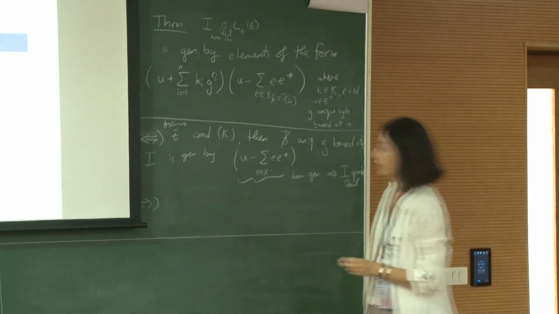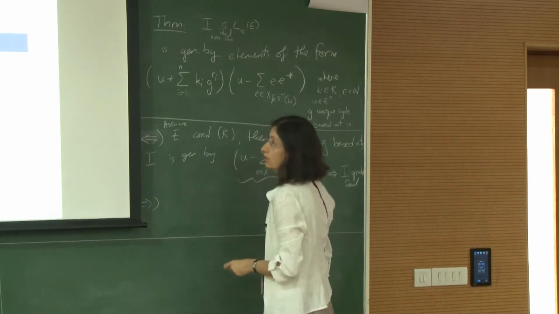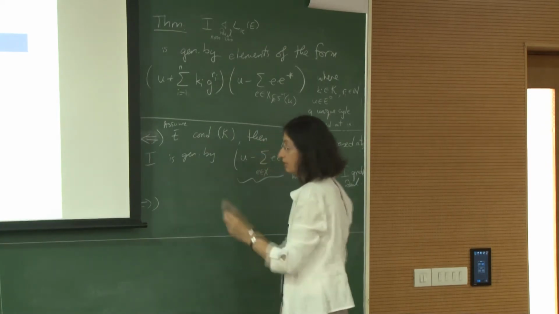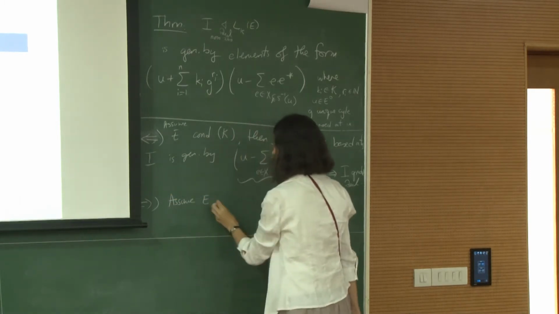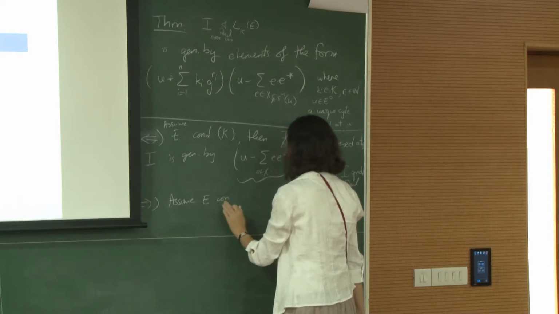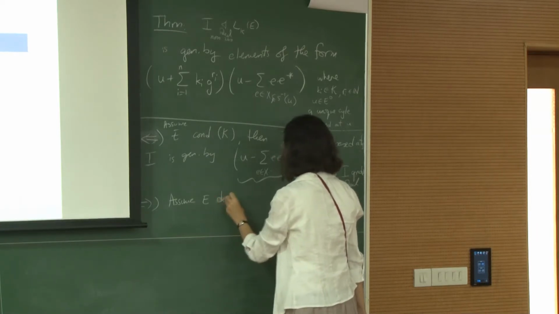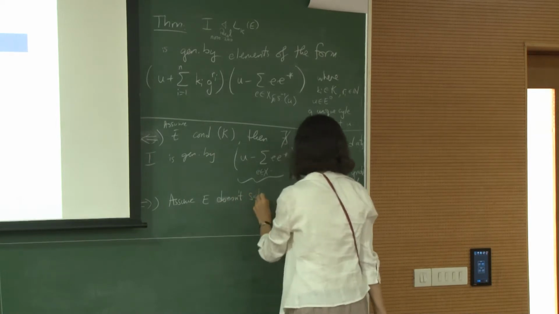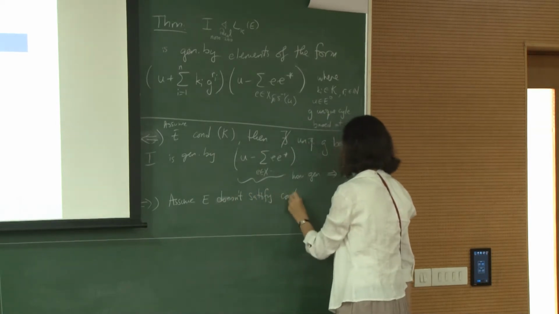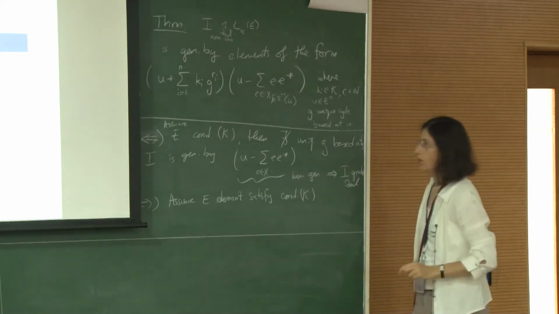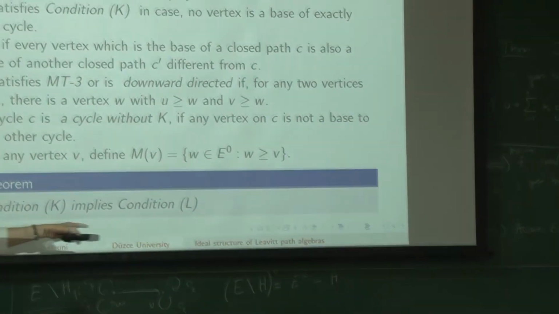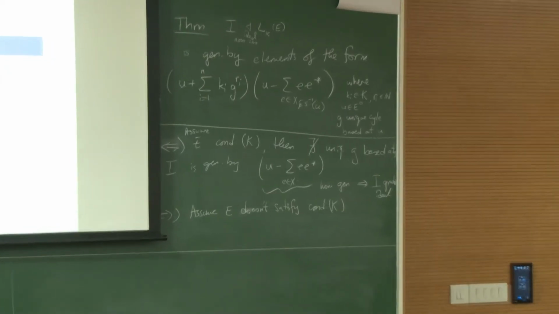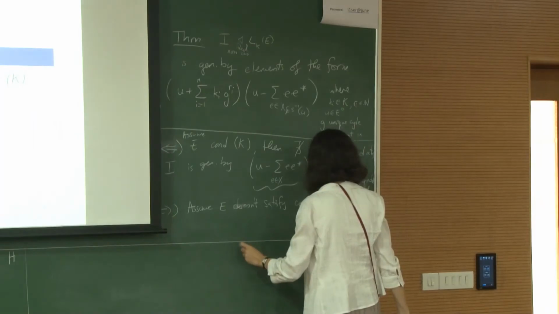Conversely, let's do this by contrapositive. Assume E does not satisfy condition K. Well, the previous slide told us that if you have condition K, then it implies condition L. If E doesn't satisfy condition K, okay, I made a mistake in my proof.